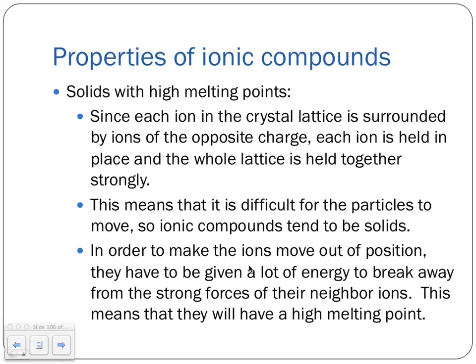So let's look at the first one, solids with high melting points. Why do ionic compounds have high melting points? The reason is that each ion in the crystal lattice is surrounded by ions of the opposite charge. That makes it incredibly stable. Each ion is held in place very strongly because the positive charge is surrounded by negative charges. The cation is surrounded by anions. They hold it in place, and if they hold it in place, it's going to tend to be a solid.